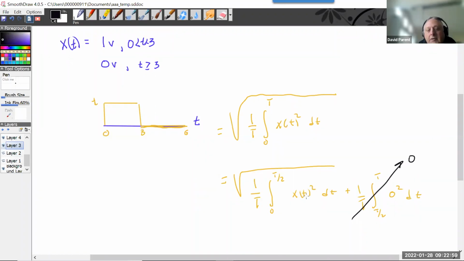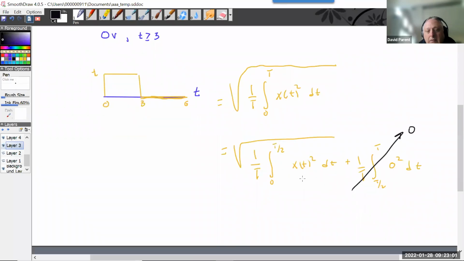Okay, now I'm just going to scroll a smidgen down and change colors. So now we know that in this region, it's 1. So we can just substitute that.